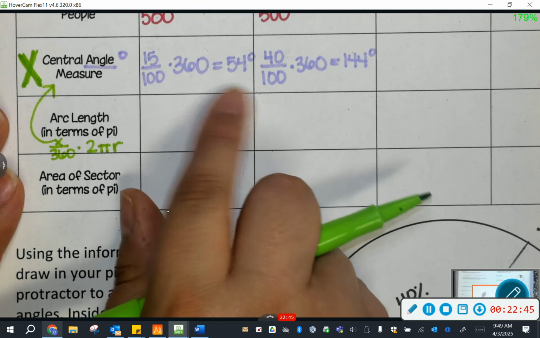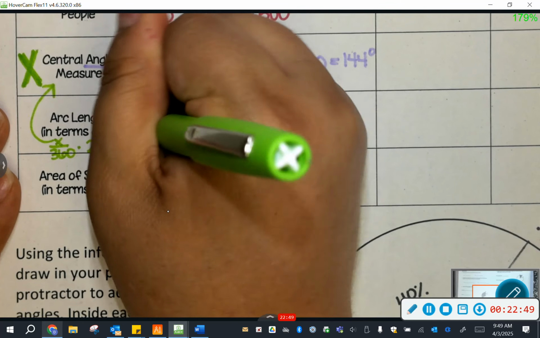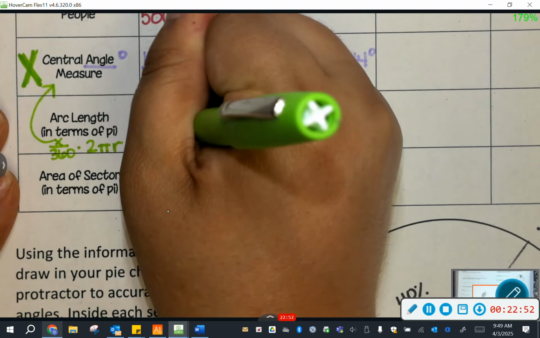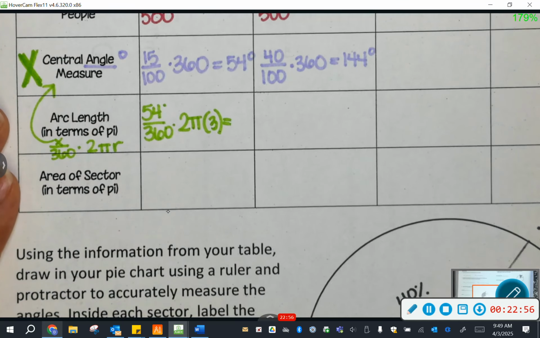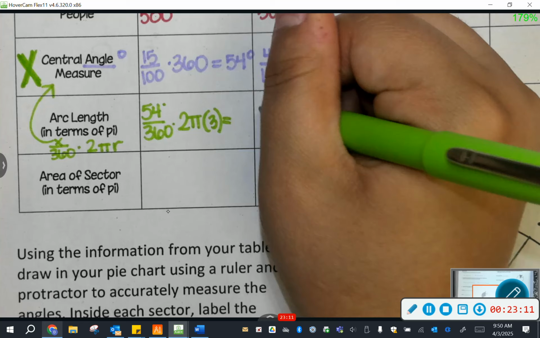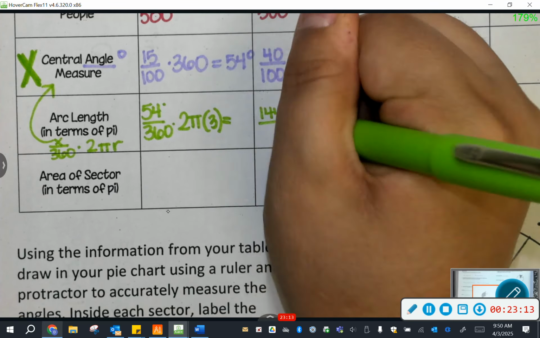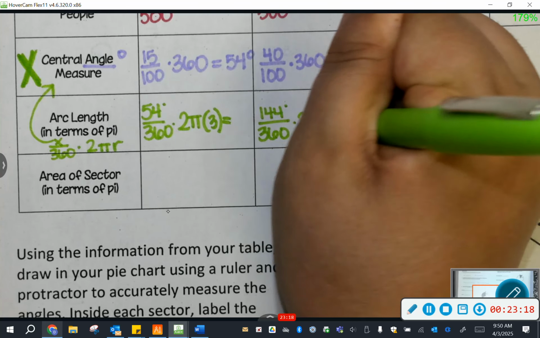3. So for section A, I'm going to do 54 degrees over 360 times 2 pi, what's my r? And put that in the calculator. What about for the B section? What am I going to do? 144 degrees over 360 times 2 pi r.